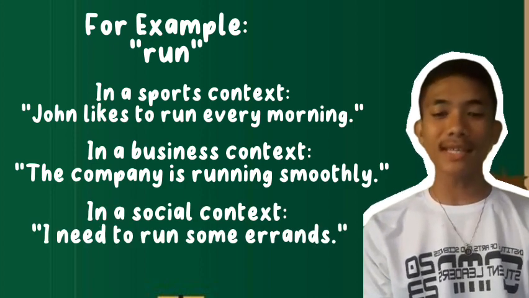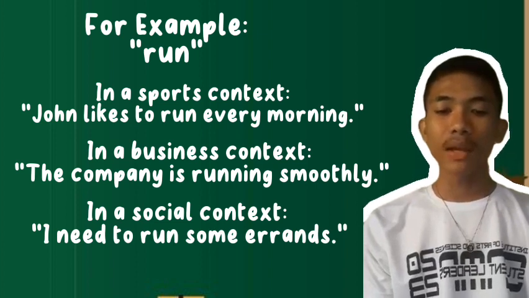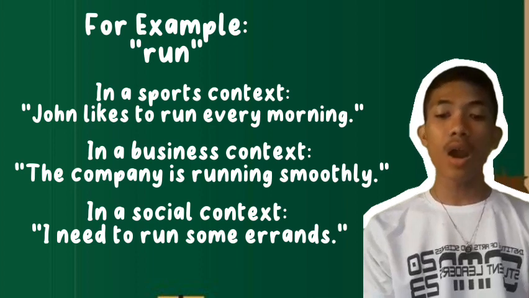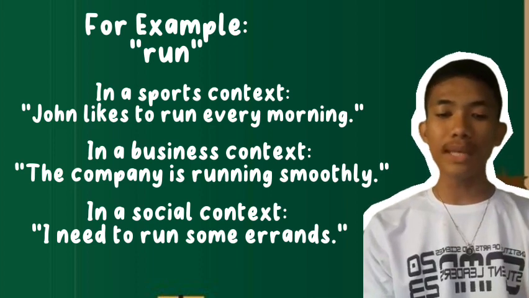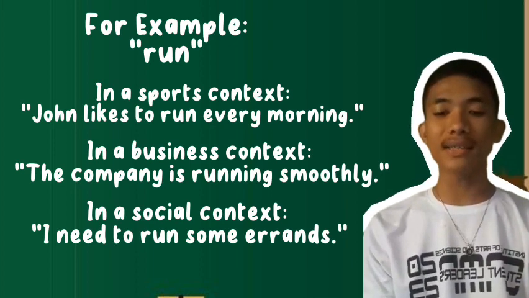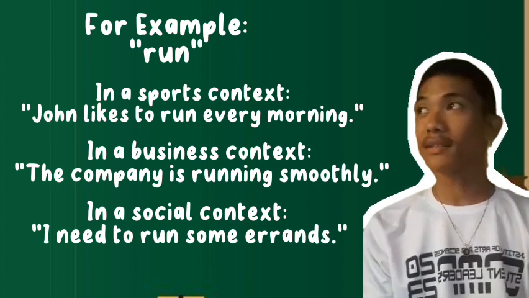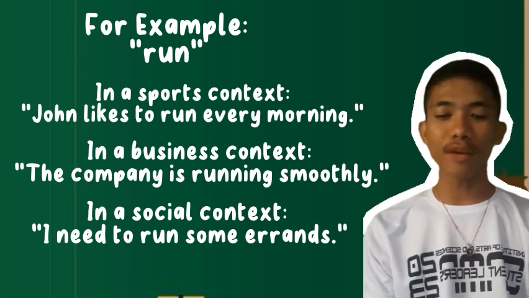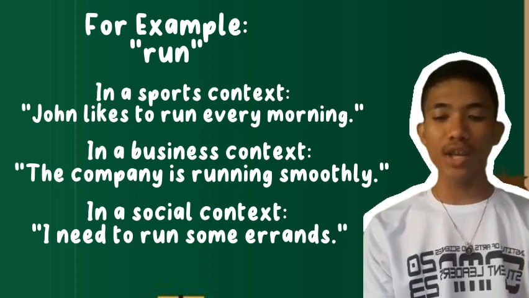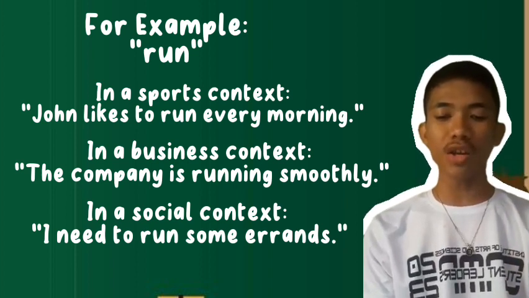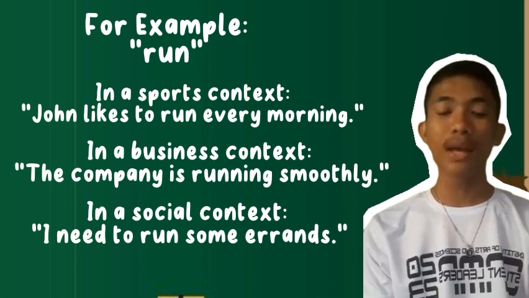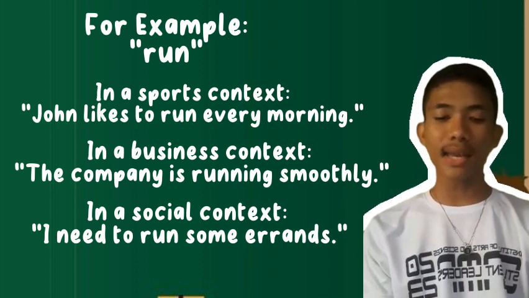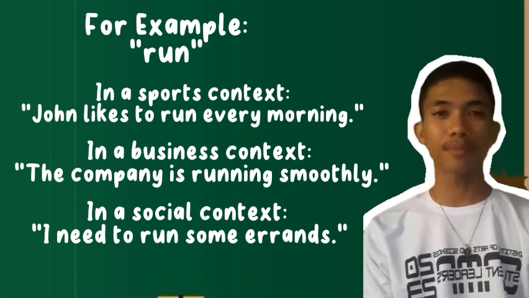In social context, I need to run some errands. So, here, run means to complete or perform various tasks or errands. These examples demonstrate how the meaning of the word run can change depending on the specific situation or context in which it is used. Lexical semantics helps us understand these nuances and variations in meaning.